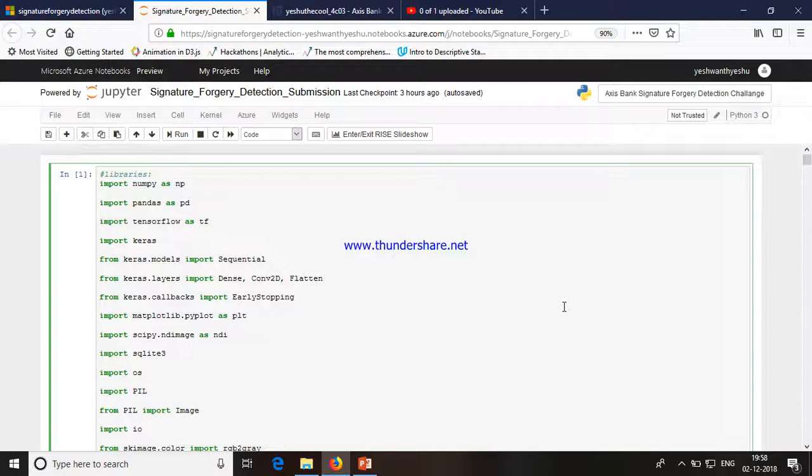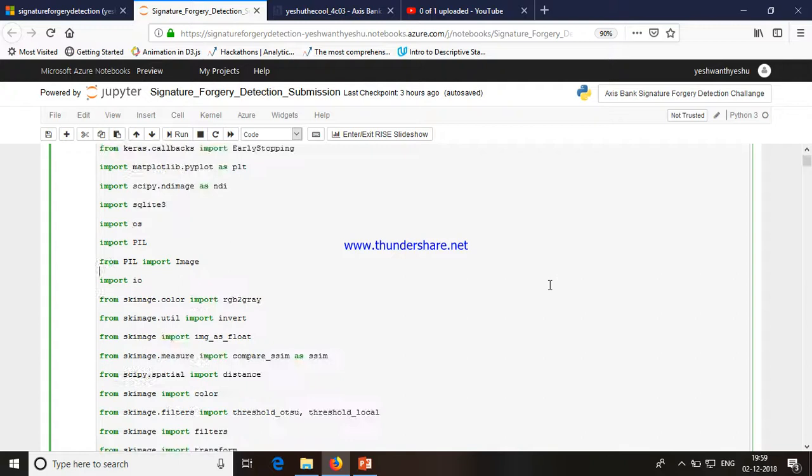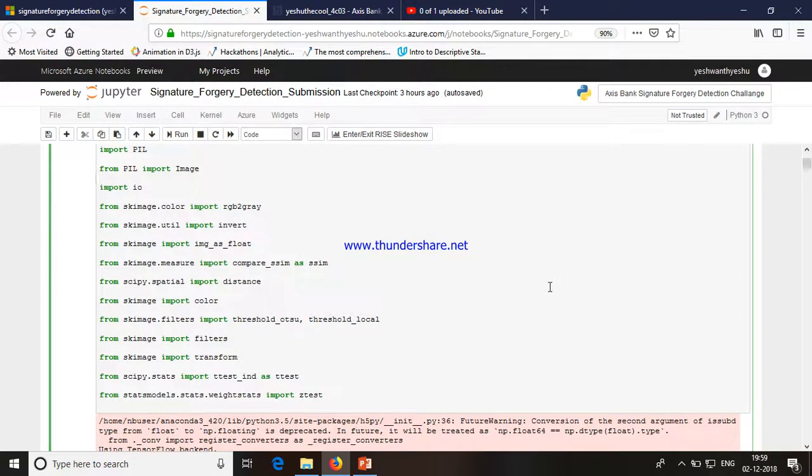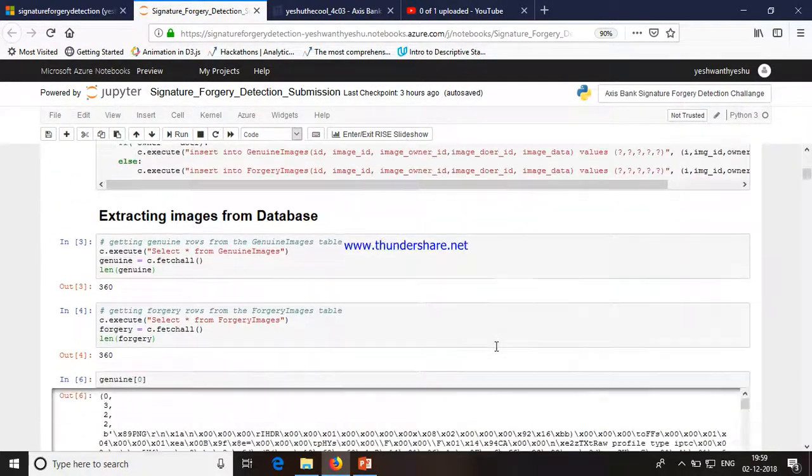We import some libraries: Keras, TensorFlow, SQLite 3 for storing the images in a database, and skimage and SciPy. We extract the signature in the form of an image file, as a PNG or JPG file, and then we evaluate our metrics.